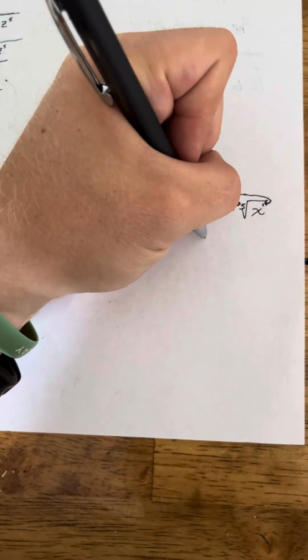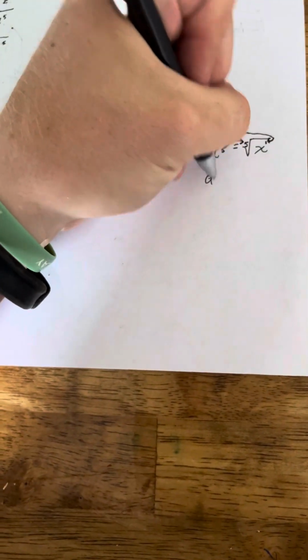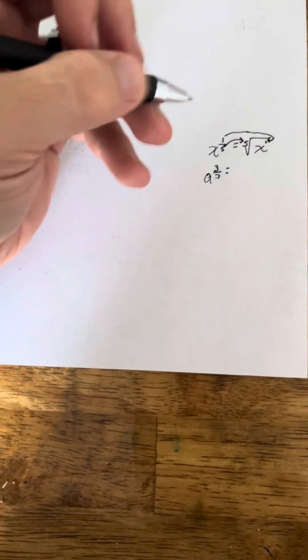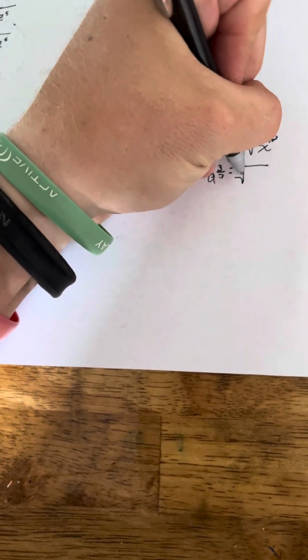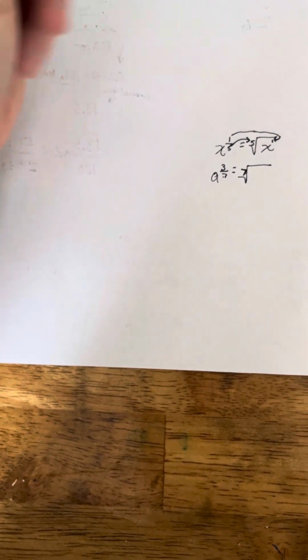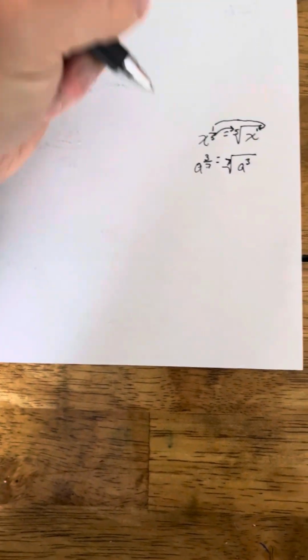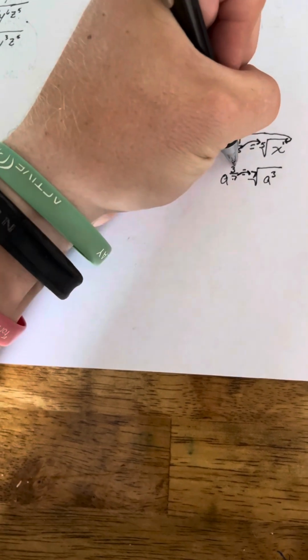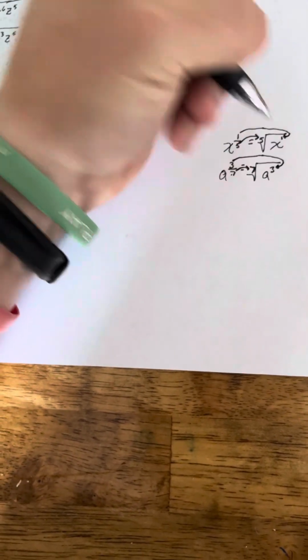Another example, say I have a to the 3/7. Again, the denominator is your root, so this is the 7th root, and then it's a to the 3rd underneath. So the denominator goes with the root, the numerator goes with your power.